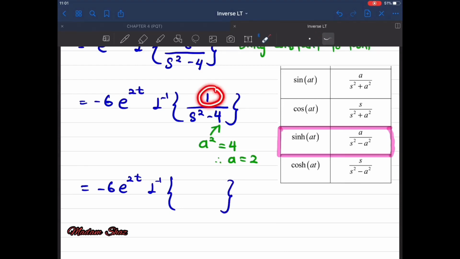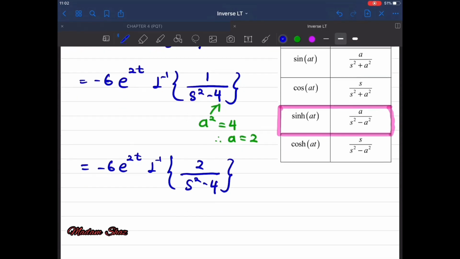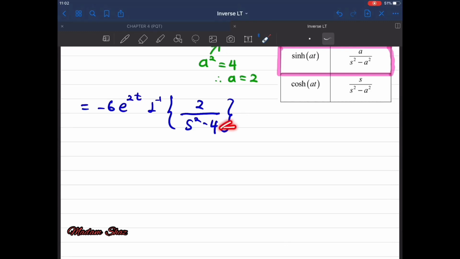So 1 here will become a, where a is equal to 2, over s squared minus 4. It depends whether you want to write s squared minus 4 or s squared minus 2 squared. Now we write 2 at the upper side, so you have to divide at the front by 2. Divide by 2. So now simplify your answer.